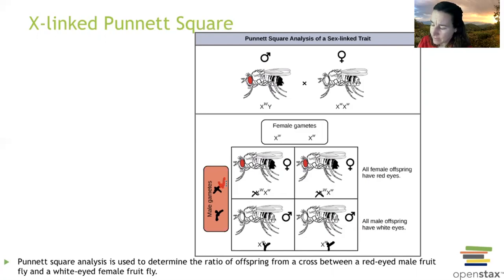So this guy, he's got red eyes. So we're going to put that wild red eye type on all of dad's X chromosomes, and we're going to drag them across the Punnett square. The Y chromosome doesn't have the eye color gene on it, so we just put the Y and drag it across the square. Now let's look at mom's genotype.